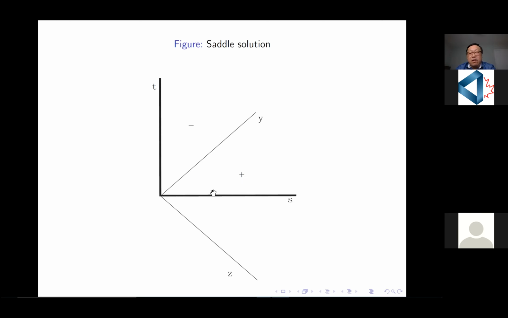Here this is the s axis and this is the t axis. The solution is positive for s greater than t, negative for s less than t, and equals 0 for s equal t. And this is the Simon's cone.